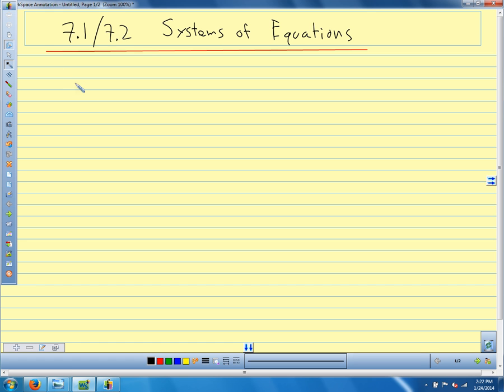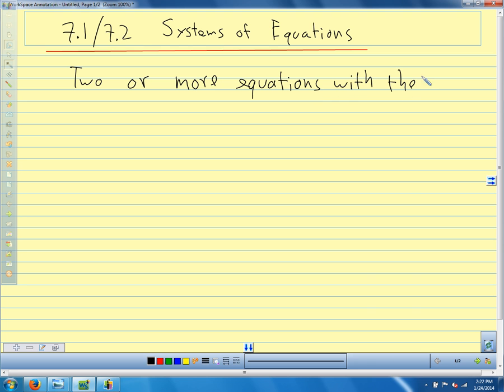little terminology first. When we talk about a system of equations, we're talking about two or more equations with the same variables. For the most part, what we're going to do is talk about linear equations.